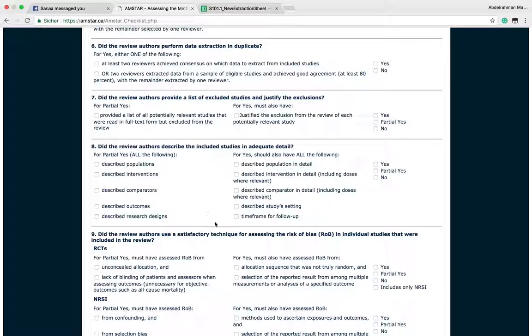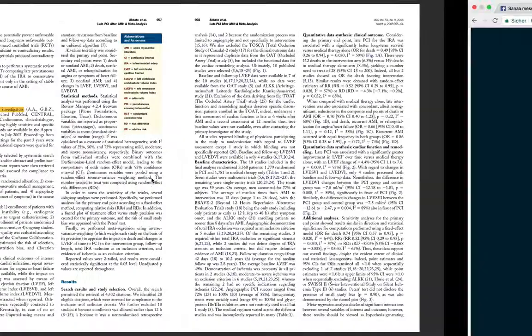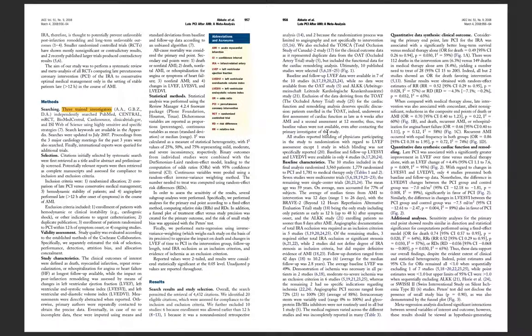8. Did the review authors describe the included study in adequate details? Okay, let's see. Baseline characteristics.